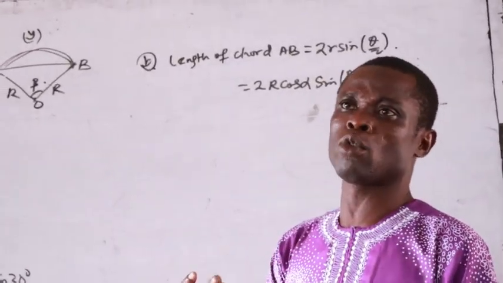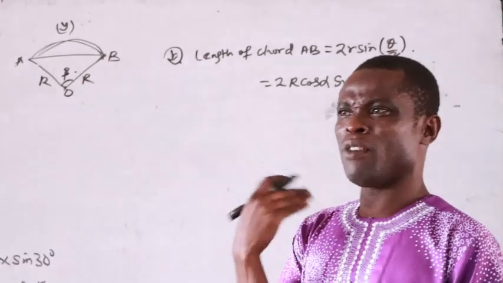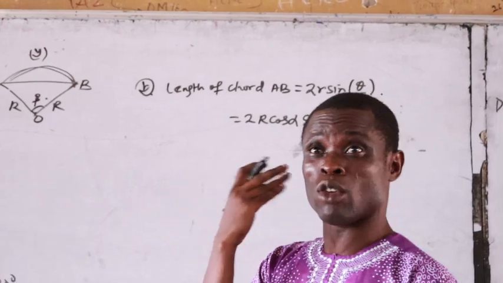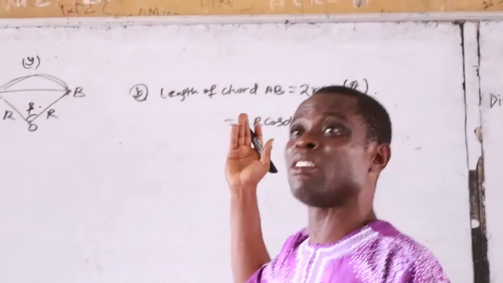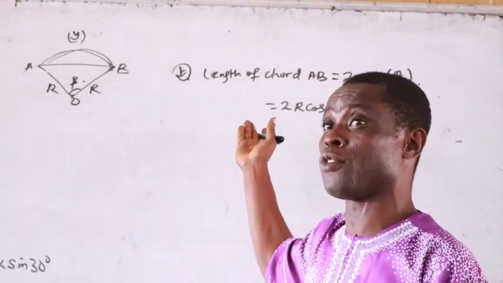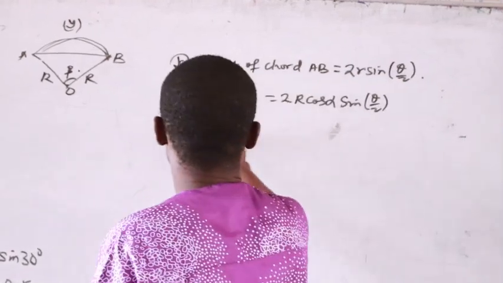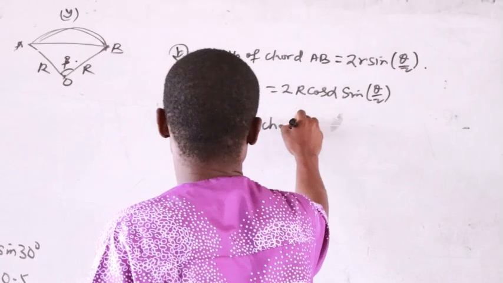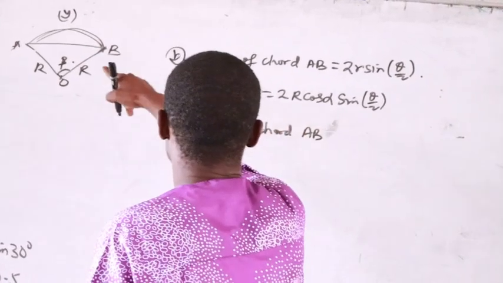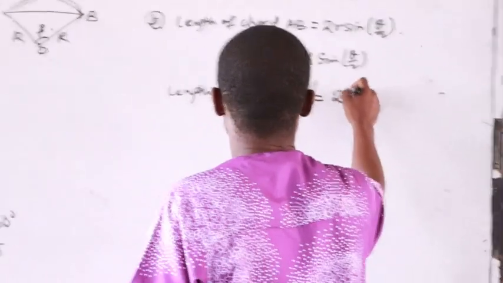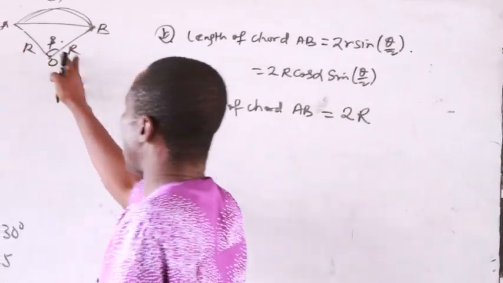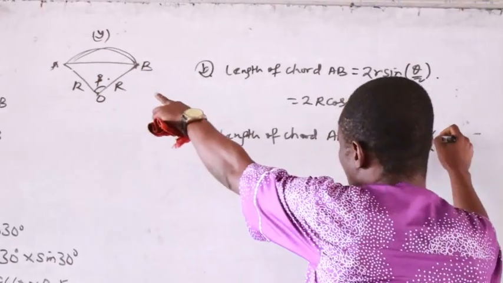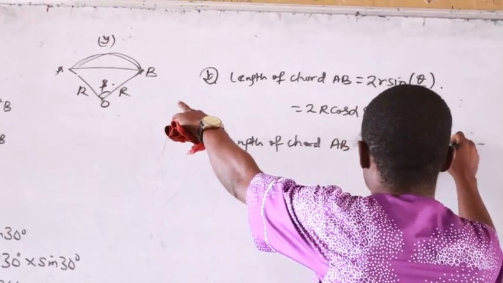I want to derive the formula. In some textbooks, you just have the formula there. If you ask me for the formula for getting that shortest distance, I don't know it offhand, but I can easily derive it, and that's what I'm trying to derive for you now. So length of chord AB in the second one is 2R sine beta over 2.